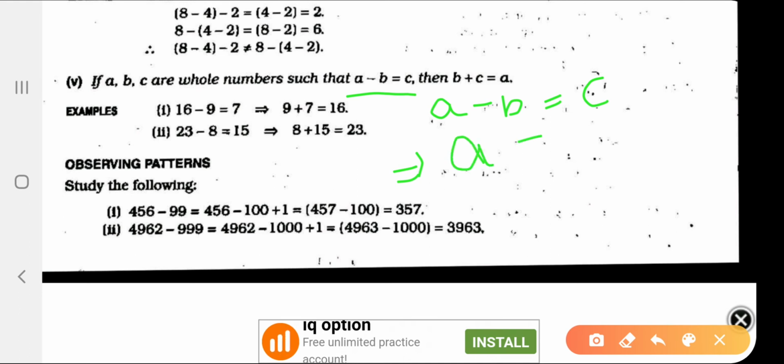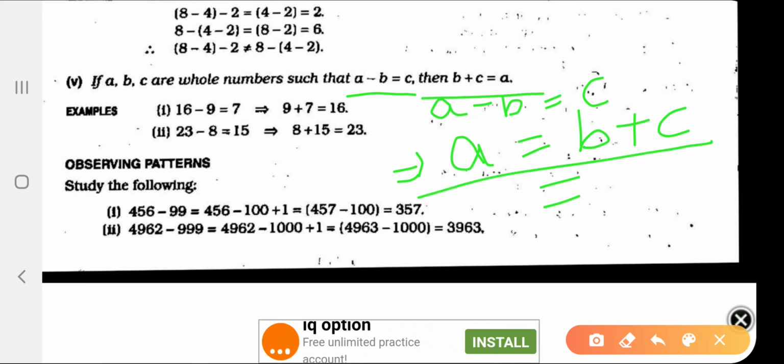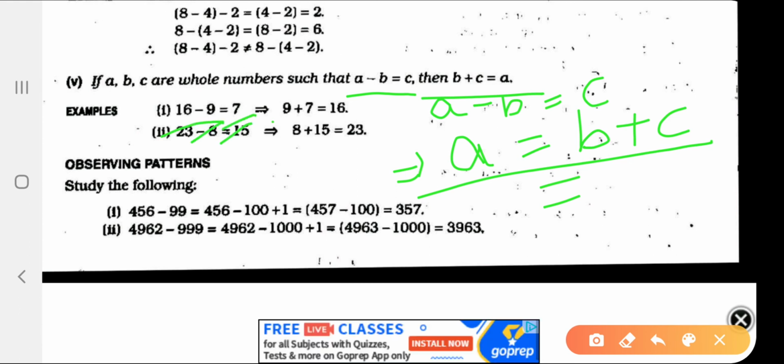So a is equal to b plus c. This is written here also. So 16 minus 9 is 7, then 9 plus 7 is equal to 16. When this 9 goes to this side, this negative sign turns positive. And if it was a positive sign, then it would be a negative sign on the right side. That's it. In the same way other examples are also explained here.